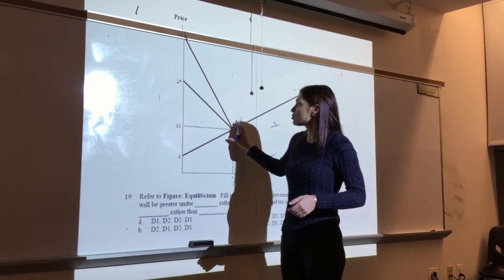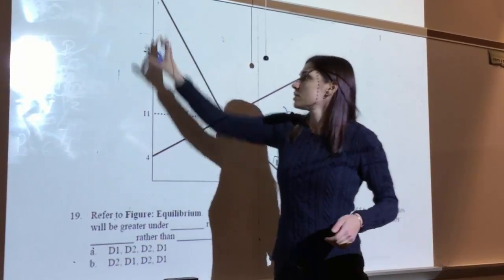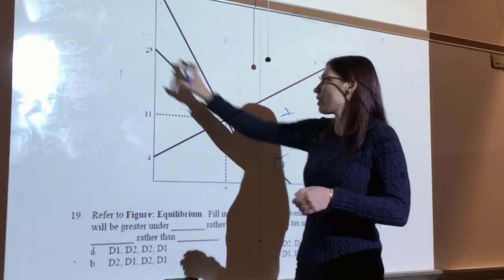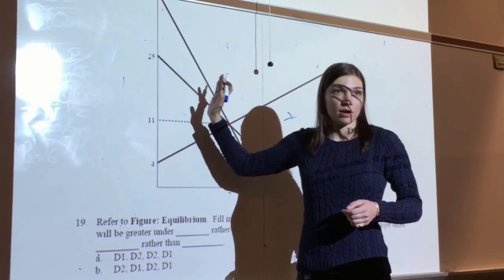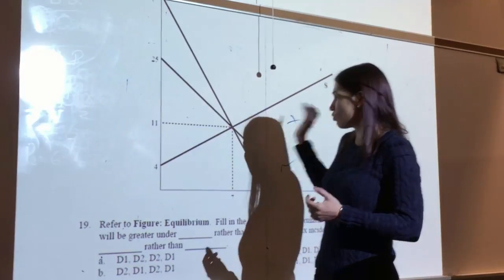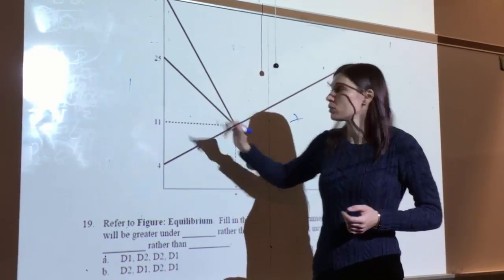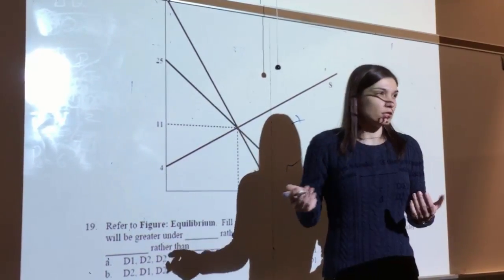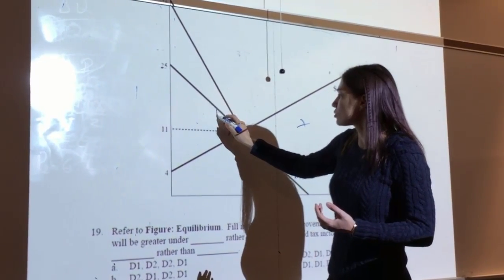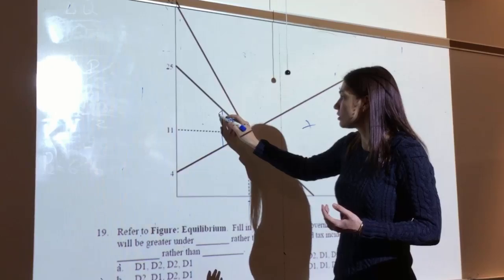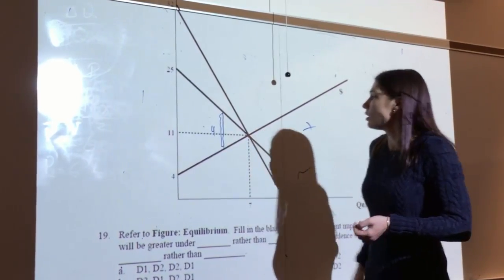If the total surplus is the area of this triangle, then the tax is basically putting pressure on the quantity in this market. So the quantity would be lower, which is going to decrease total surplus, right? So a tax of $4 might be somewhere here, right? And that will be $4.